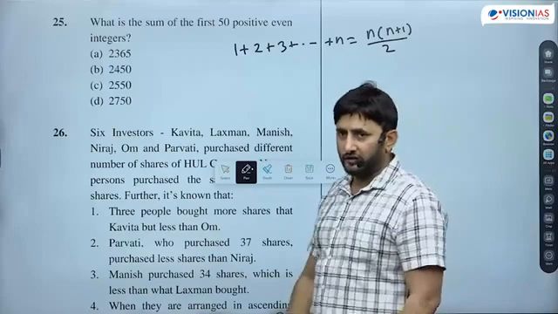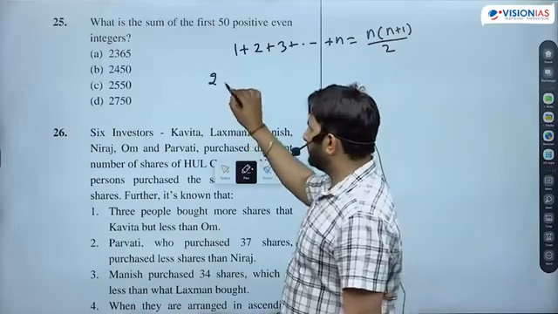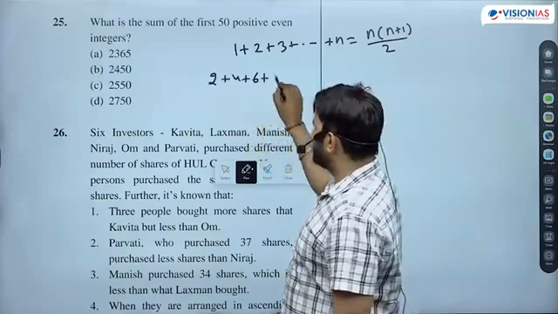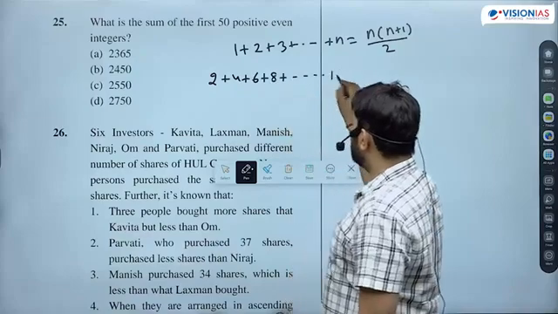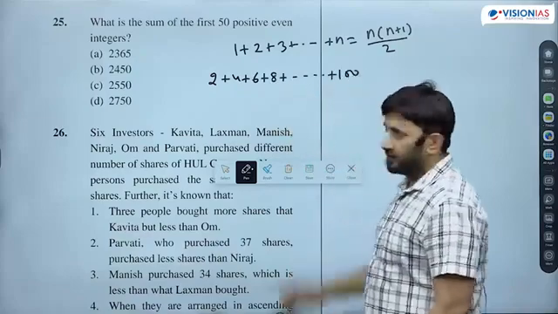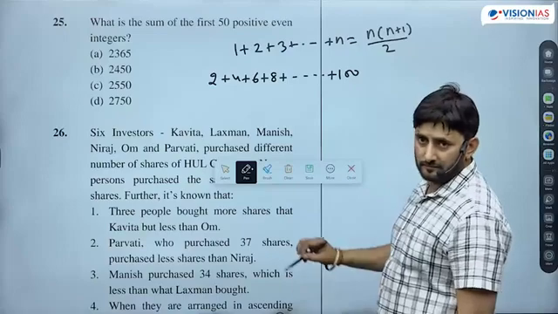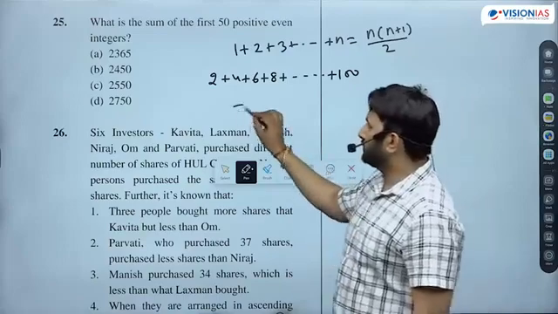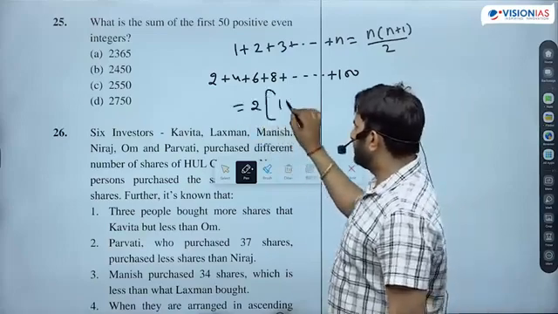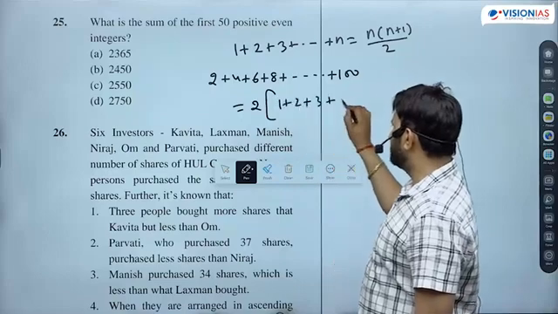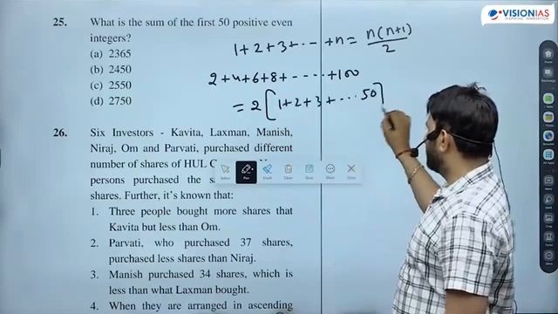But here we are getting even numbers. The first number will be 2 plus 4 plus 6 plus 8, last number will be 100. Can I take 2 common? 2 common लोगे तो what you will get? 1 plus 2 plus 3 up to 50.